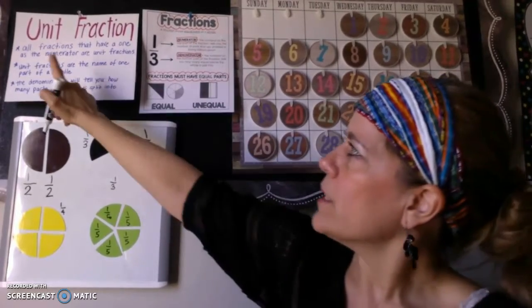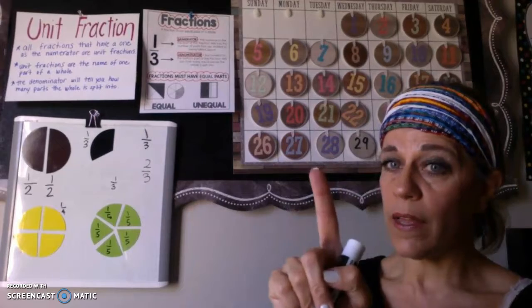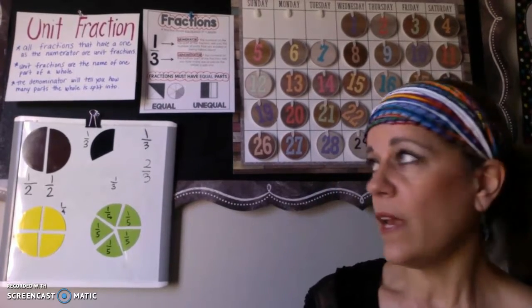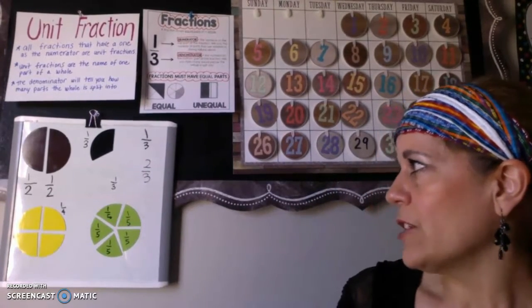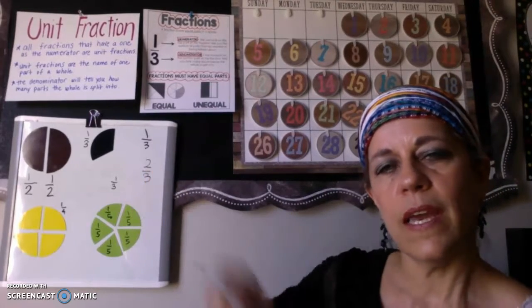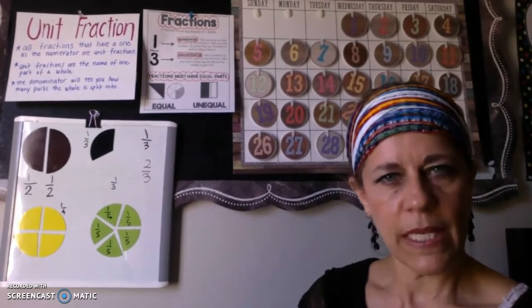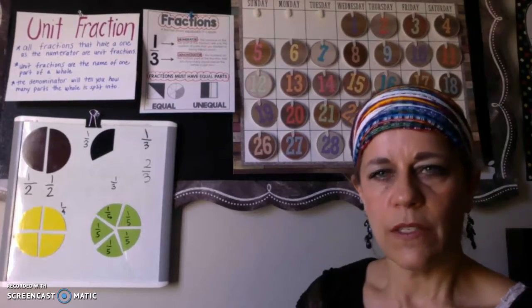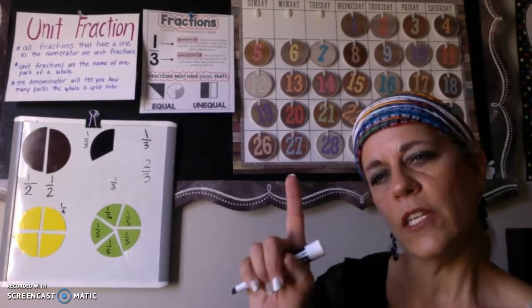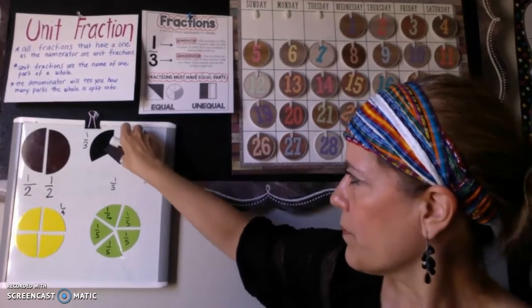Well, I know I just read that all fractions that have a 1 as the numerator are unit fractions. 2/3 has a 2 as the numerator. 2/3 would not be considered a unit fraction. A unit fraction has to have a 1 as the numerator.